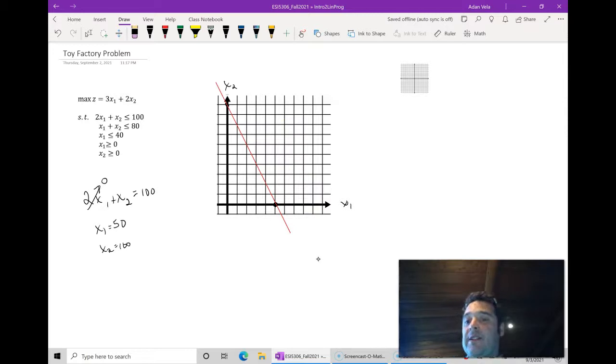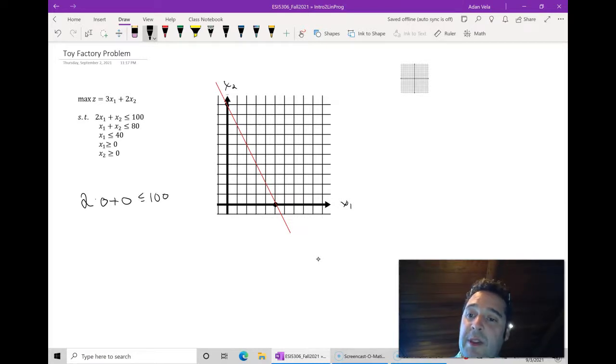The quick test that I like to do is just to plug in 0, 0 and see if the constraint is satisfied. So we have 2 times 0 plus 0 is less than or equal to 100. That just gives us 0 is less than or equal to 100, which is certainly correct.